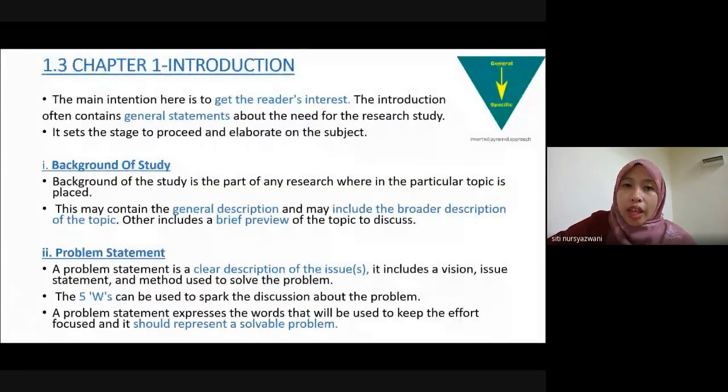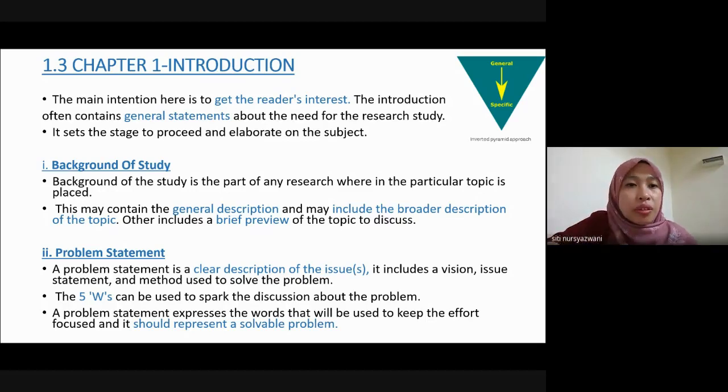Okay, now we move on to the introduction. Tadi kita dah kata the title, kita dah kata dengan abstract. So now introductions. So the main intention here adalah untuk get the reader's interest. Maksudnya kita nak catch the pembaca punya interest.